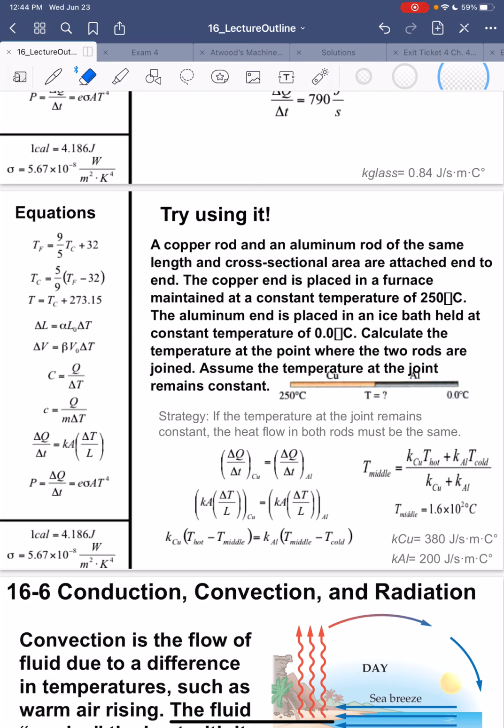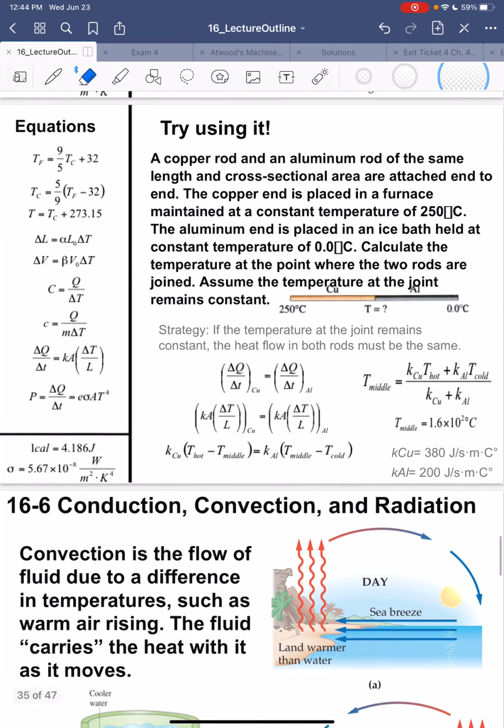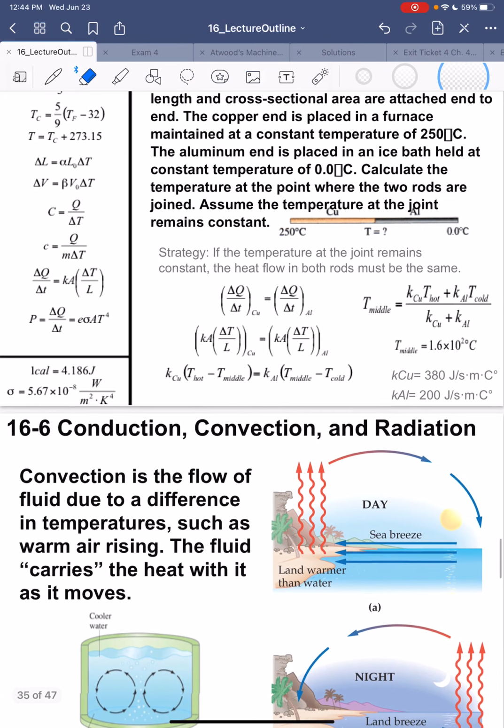And then K copper times the hot temperature minus the T in the middle equals K aluminum times T in the middle minus T cold, and we will be able to get T middle to be 1.6 into 2 degrees Celsius.